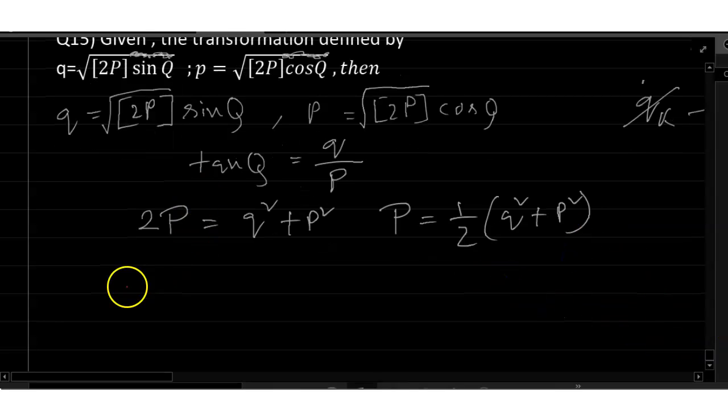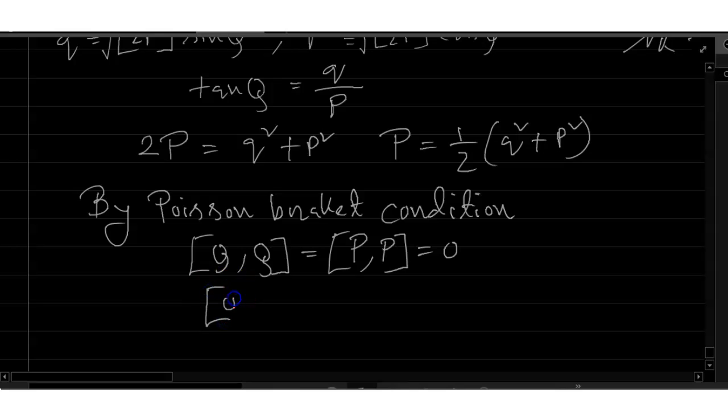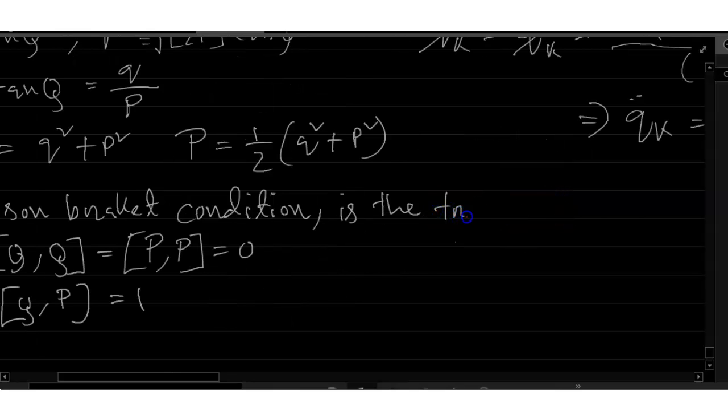Now by the bracket condition, [Q, Q] equals [P, P] equals 0 and [Q, P] equals 1. The question: by the bracket condition, is the transformation canonical?